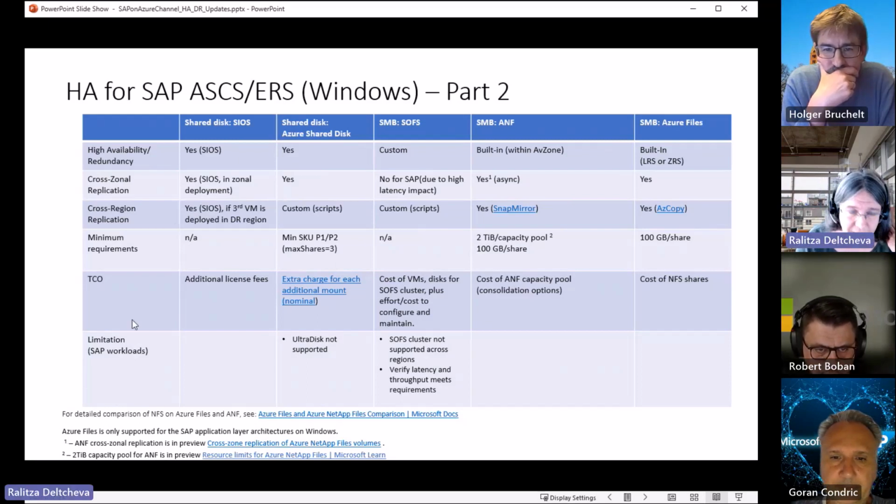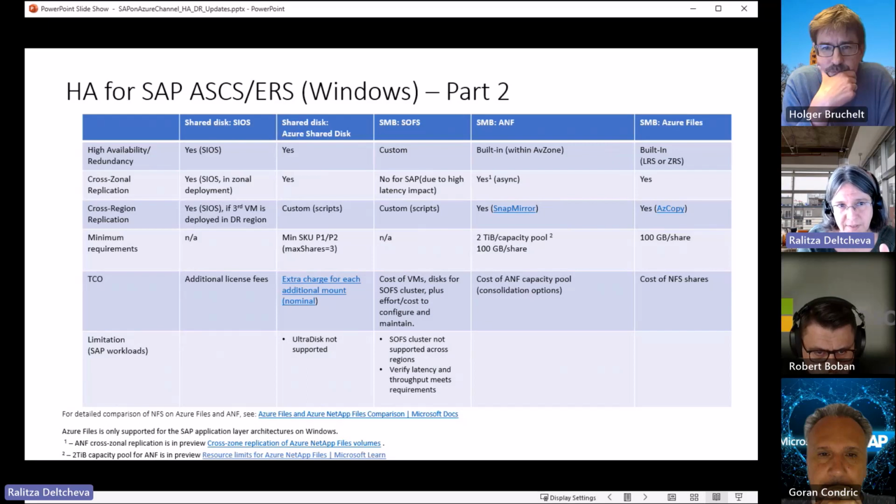For the installation with shared disk, there are two options. I mean, the very first one we released many years ago is based on SIOS. It's a third-party product, and you can still do that. Just be aware that there will be additional licensing fees. The newer one is based on Azure shared disk, so native Azure shared disk.